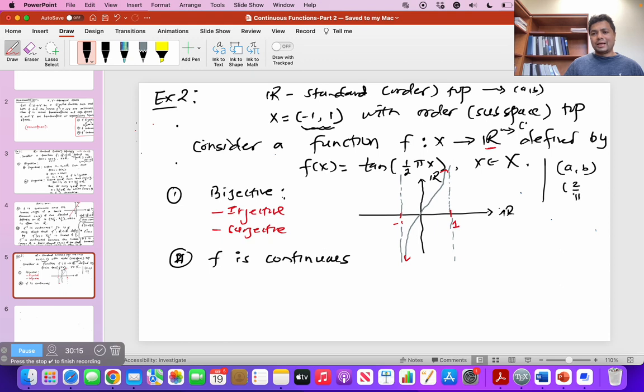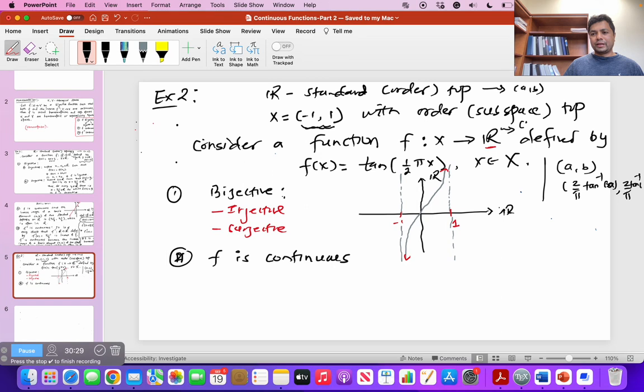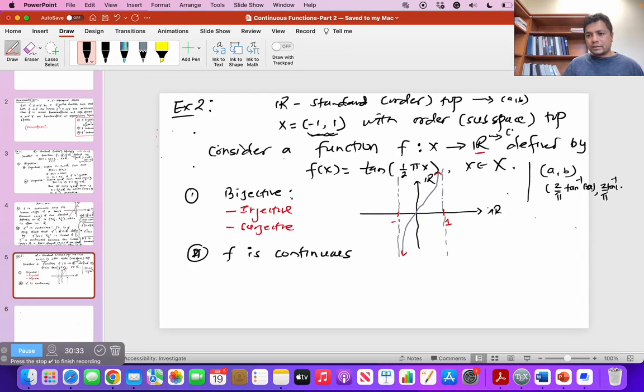2 over pi tangent inverse a. And if you find the inverse image of b, you're going to get 2 over pi tangent inverse b. That is what you get if you find the inverse images of a and b. This implies that the inverse image of this interval is an interval of this form.